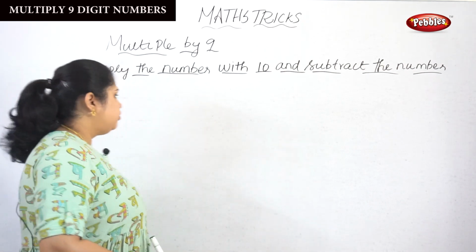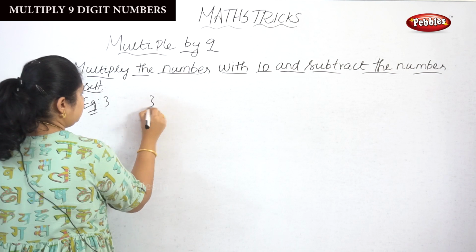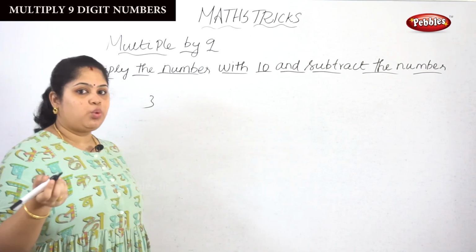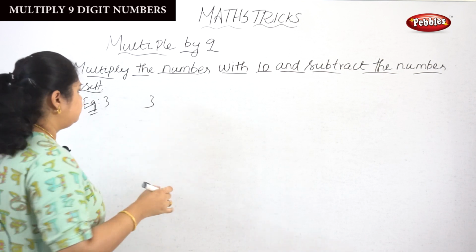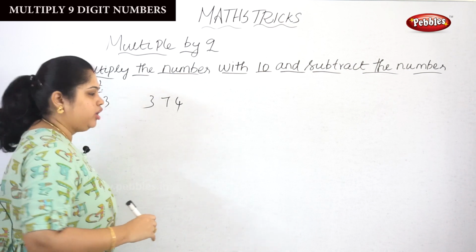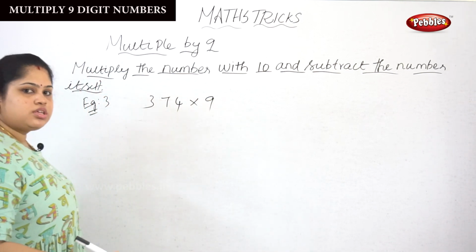Okay, example 3. I have done a four-digit number; now we can check whether it works for a 3-digit number: 374 into 9. This is the question.